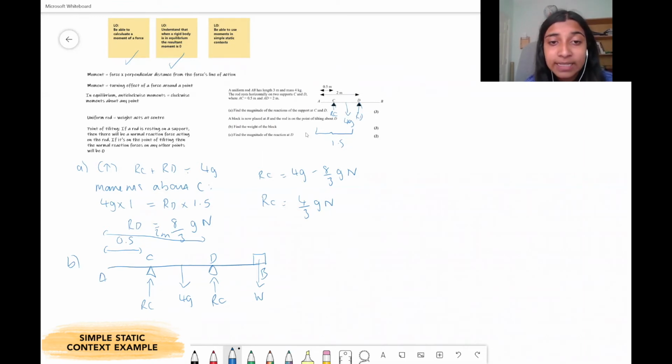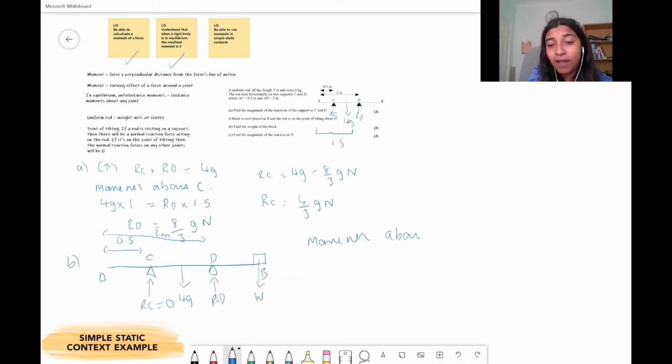Because it's at the point of tilting about D, our reaction force at C would now be equal to 0. Now we can use all this information to find the weight of the block, by taking moments about D. Again, because it's resting, our anticlockwise moments will equal our clockwise moments.